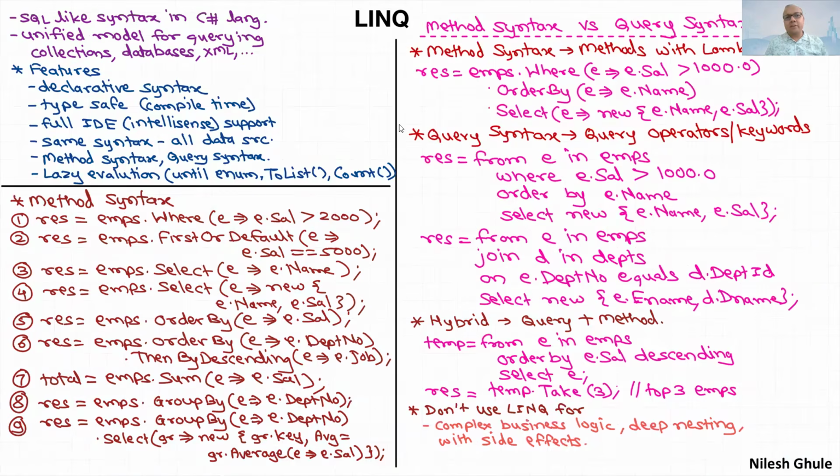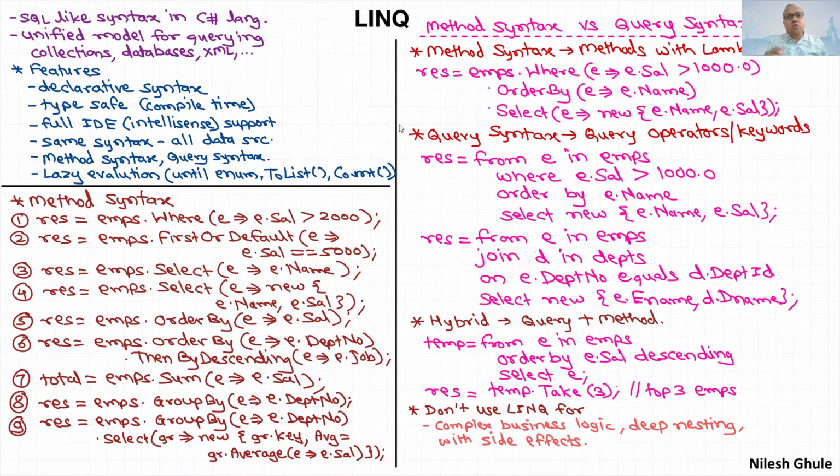So what is LINQ? LINQ is SQL-like syntax in .NET languages. C# and VB.NET have full-fledged support of LINQ. The other languages may have limited support. LINQ brings you the SQL-like syntax for the .NET collections, databases, XML, in-memory objects, and so on.